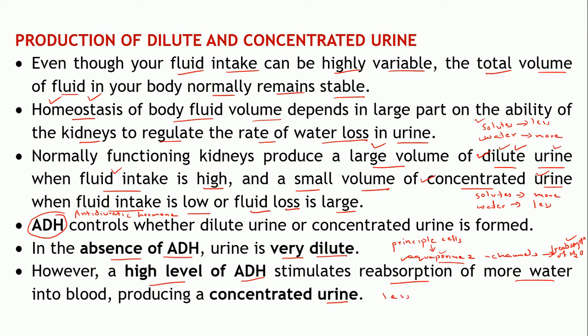Less water means what type of urine will be formed? Concentrated urine will be formed. So it's mainly the ADH which regulates whether dilute or concentrated urine is produced to maintain the homeostasis of body fluid volumes. That's very important.